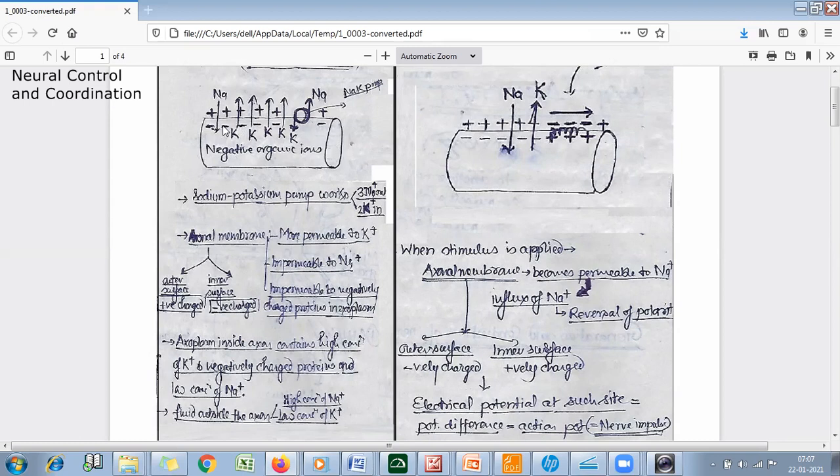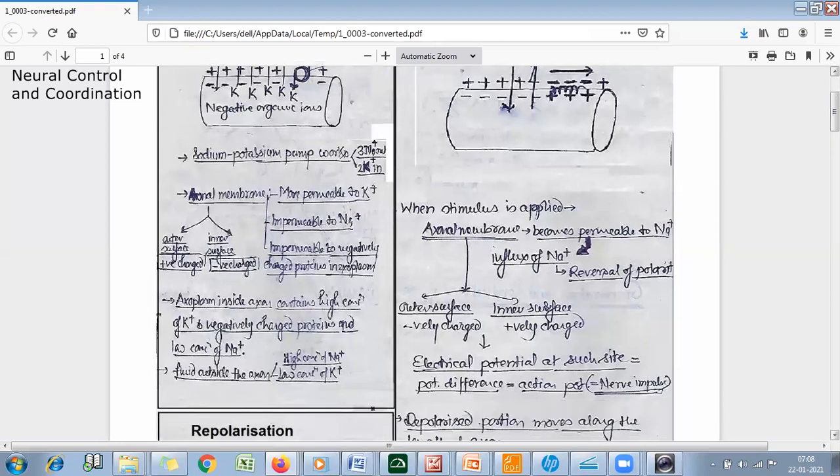Just because of this condition, the membrane is negatively charged from inside and positively charged on outside, because more negatively charged ions are present inside, and more positively charged ions are outside. The axoplasm inside the axon contains high concentration of potassium and negatively charged proteins and low concentration of sodium, and the fluid outside the axon has high concentration of sodium and low concentration of potassium.